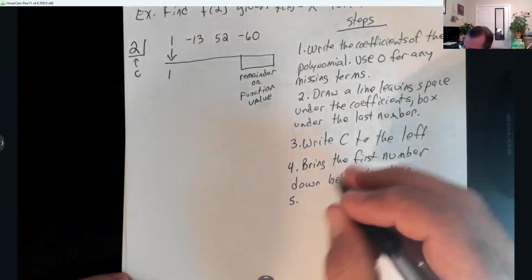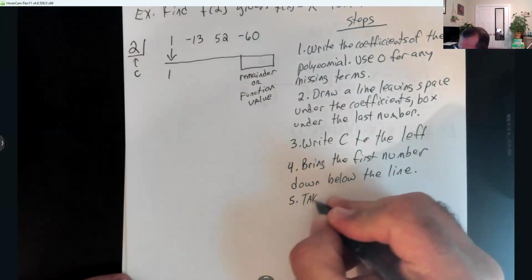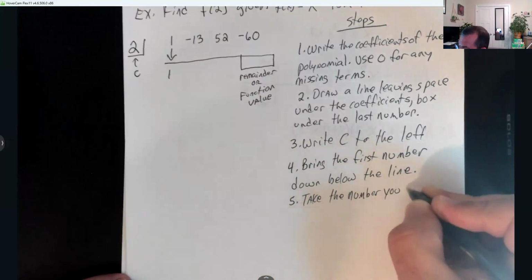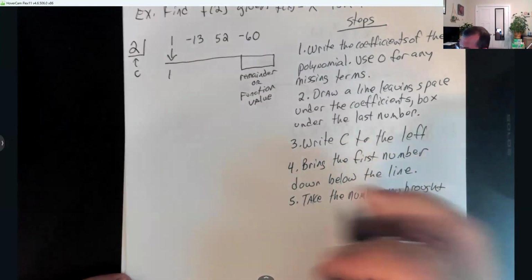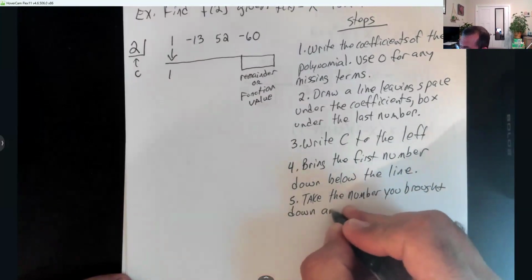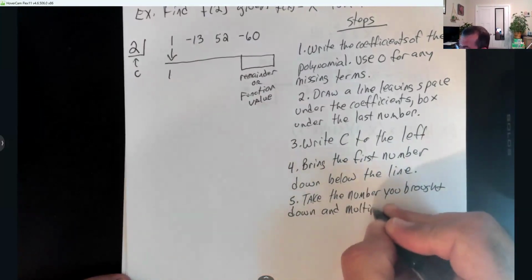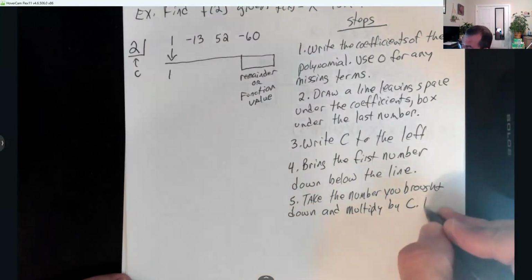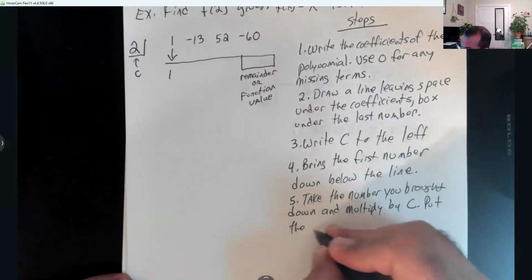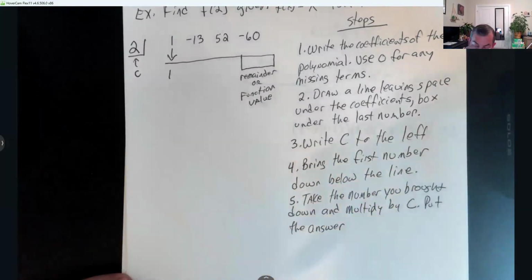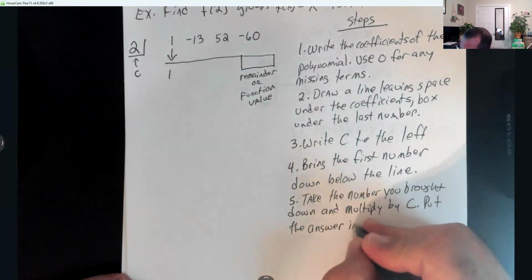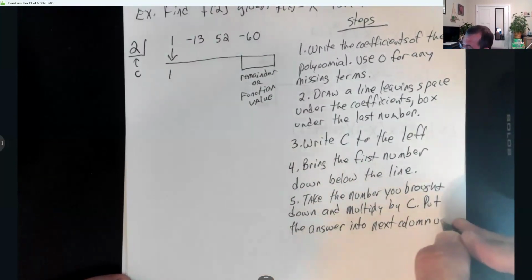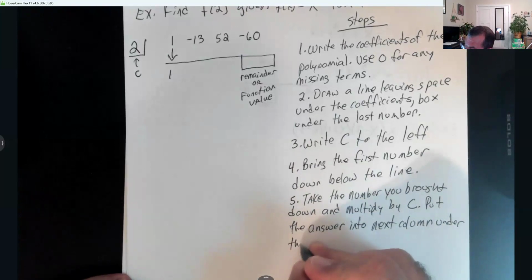Now you're going to take the number you brought down and multiply by C. You're going to put that answer into the next column, under the second coefficient.